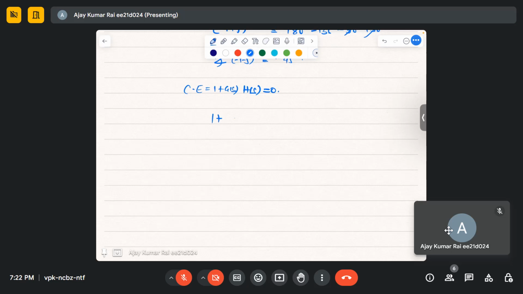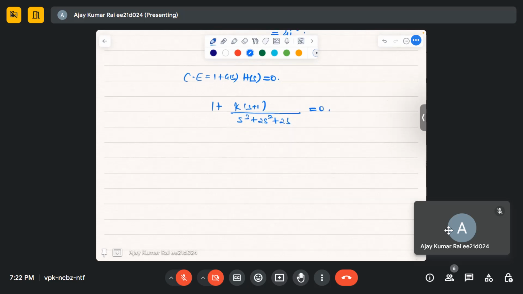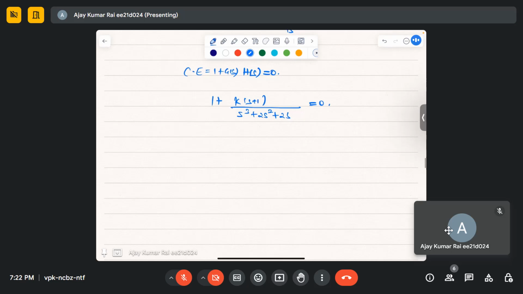It was 1 plus k(s plus 1) over s cube plus 2s square plus 2s equal to 0. In this case we have a minus because of the positive feedback. So the characteristic equation is s cube plus 2s square plus 2s minus ks minus k equal to 0.